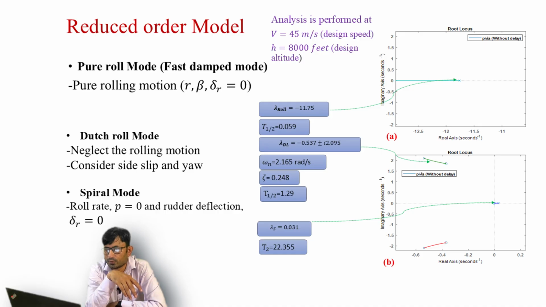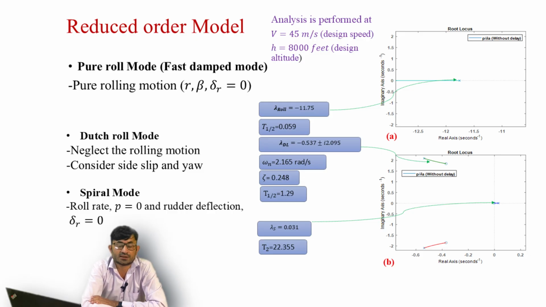And in the Dutch roll mode, you will see there is a motion between yaw and roll. So if you neglect the rolling motion and consider sideslip and yaw, you will have the Dutch roll mode. Put in the conditions and then you will get the Dutch roll mode. Here you can see that the Dutch roll mode is -0.537 ± i2.095. The frequency is 2.1 and zeta is 0.248.